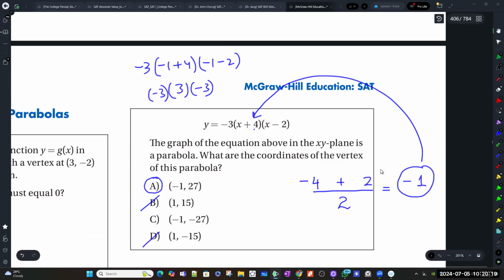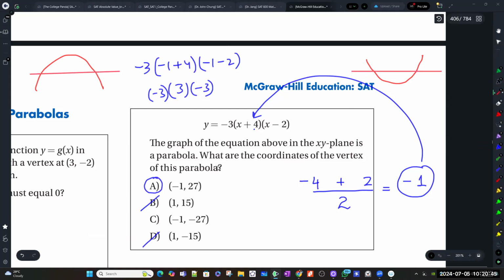So how did you do this? Can you repeat again? How did we do it? Okay, what we did was we needed the vertex coordinate. Vertex is where the graph turns, right? A quadratic graph turns, and the place where it turns is called the vertex. Vertex is always the value passing through the middle.